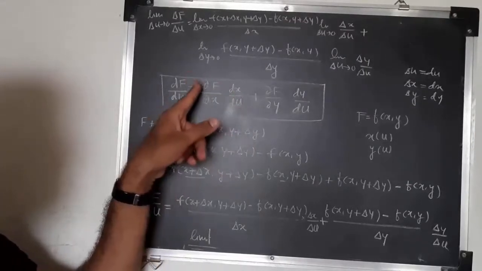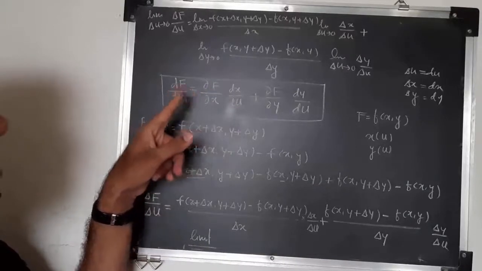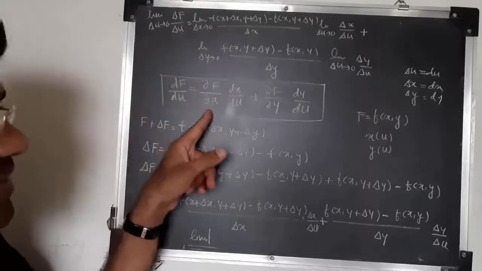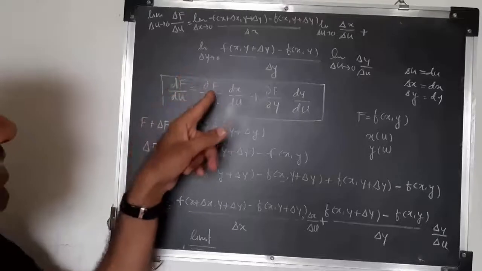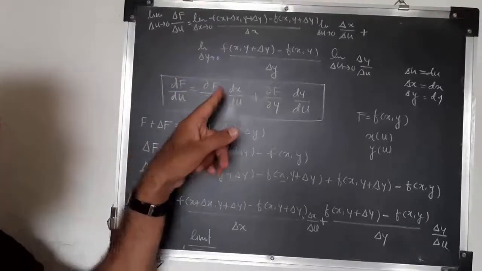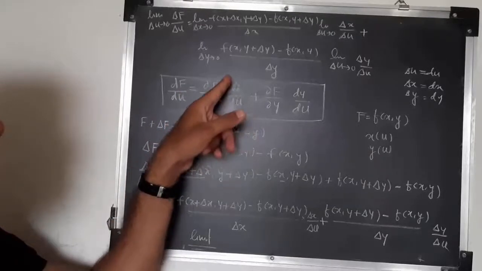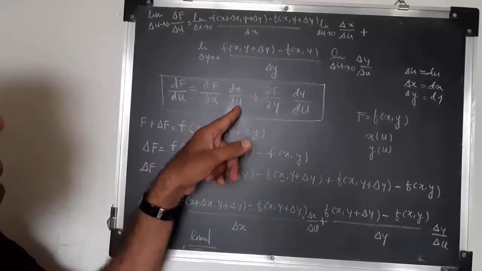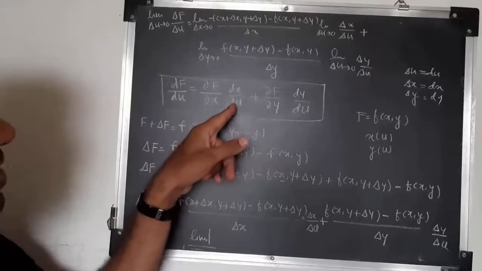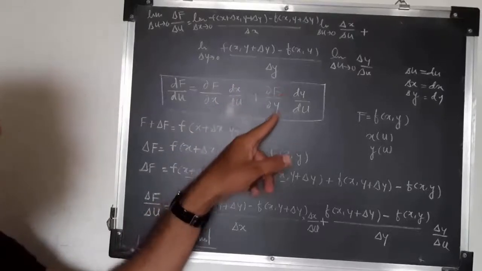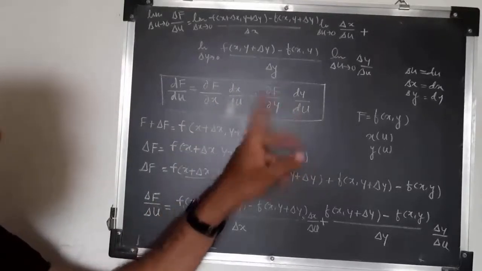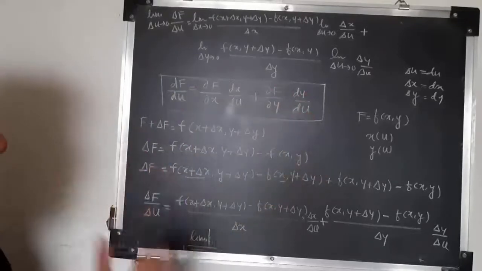Del f by del x means the continuous partial differentiation of the given function with respect to x, that's why we have used the partial, and this is differentiation with respect to u, dx by du, plus del f by del y into dy upon du.